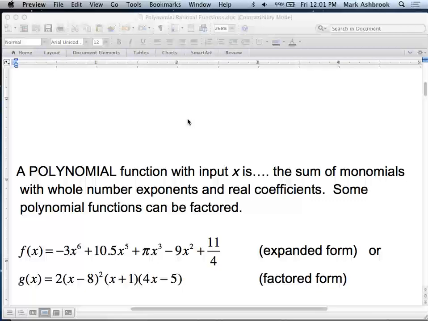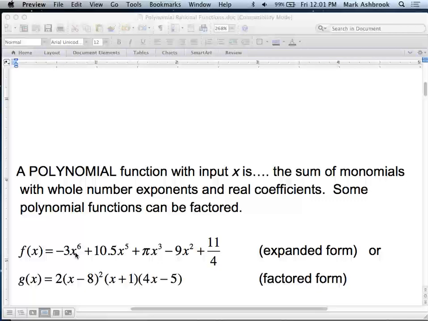All right, so polynomial. This is just a review of polynomials. What is it? It's the sum of monomials. So it's x to a whole number. You can't have x to the 1/2. All right, can we start? We're going to start, okay?